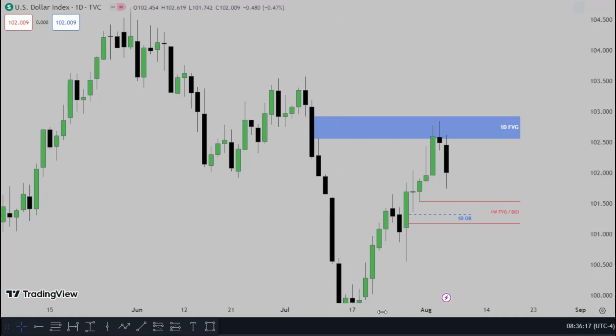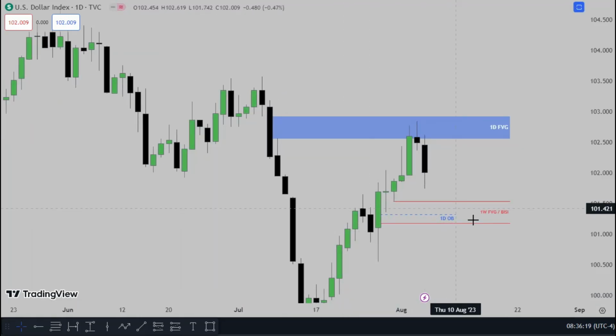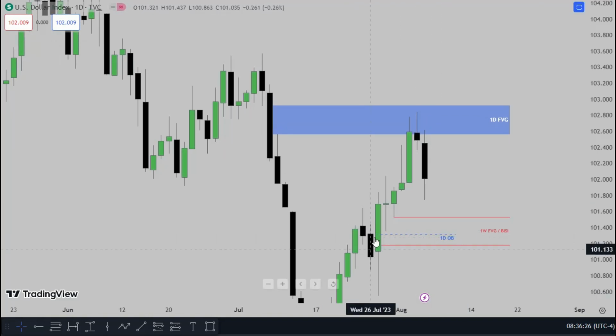Our current draw on liquidity is the 1 week fair value gap, and what's within it would be the daily order block high, which is this down close, the lowest down close candle within this range. So I'm looking to see if price is going to gravitate down, targeting this order block zone right here.